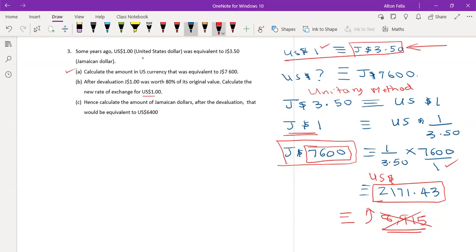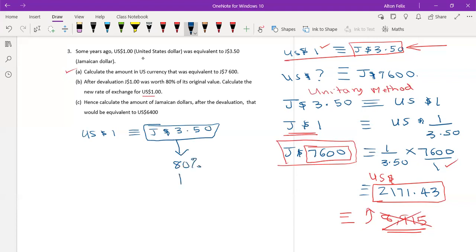So what they are saying now, the whole exchange rate, US $1, which was equivalent to Jamaican $350, this amount here, after the devaluation, is only worth 80%, right?